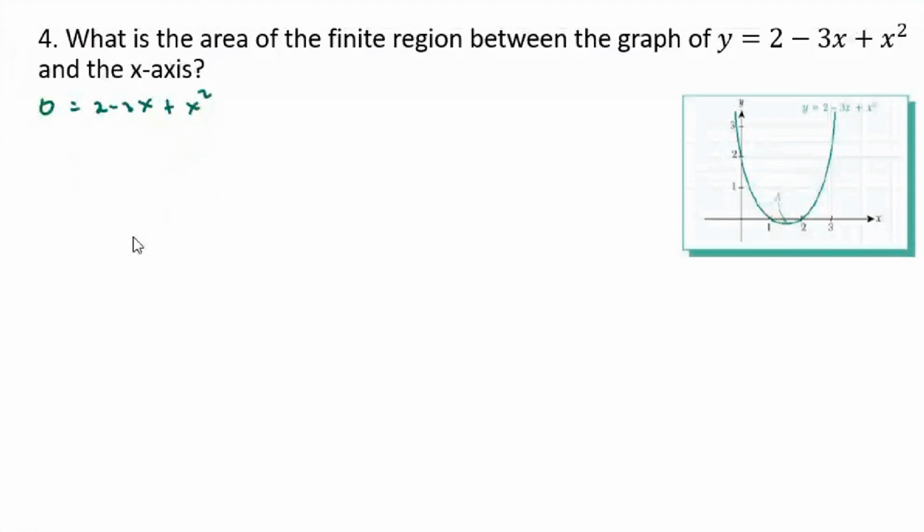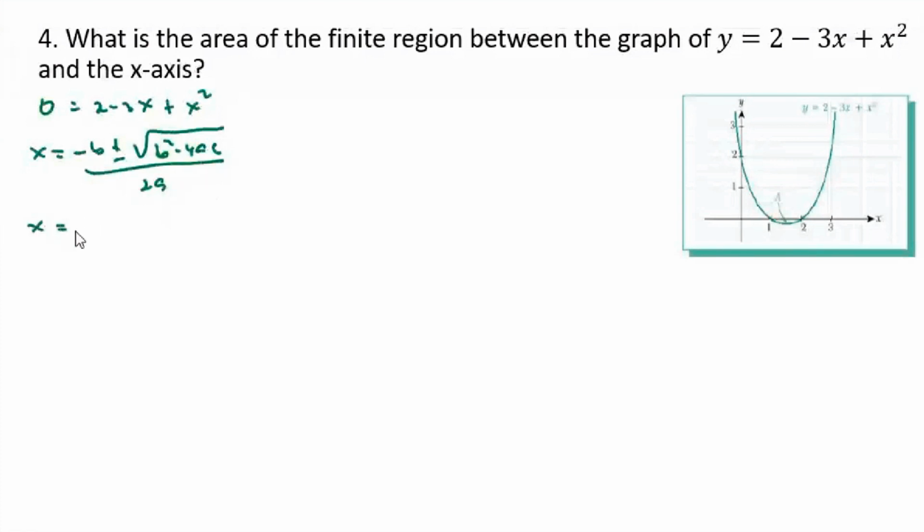To solve for the value of x, I would choose the quadratic formula. So we have x is equal to negative b plus and minus the square root of b squared minus 4ac, all over 2a.